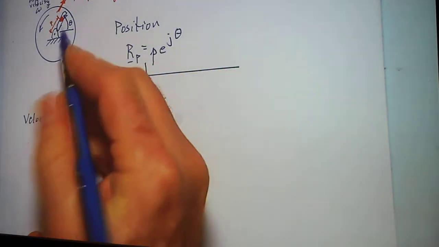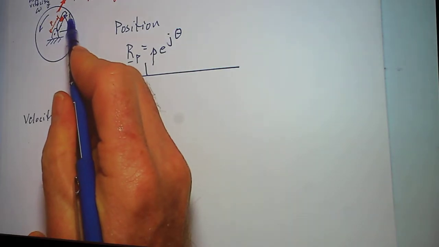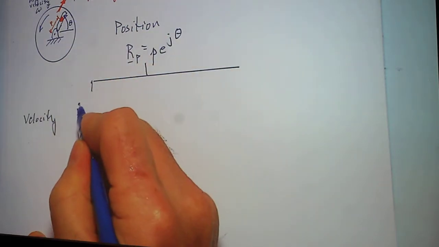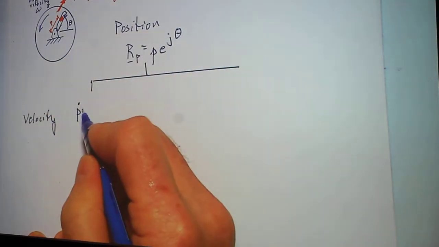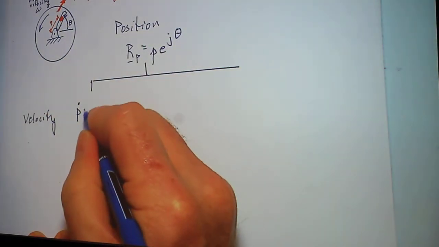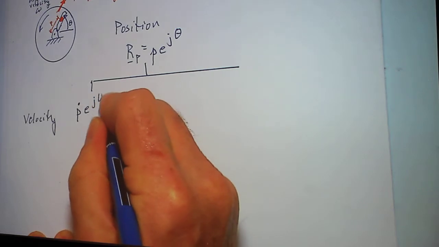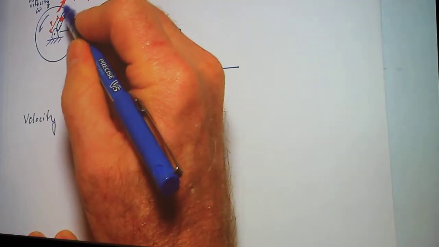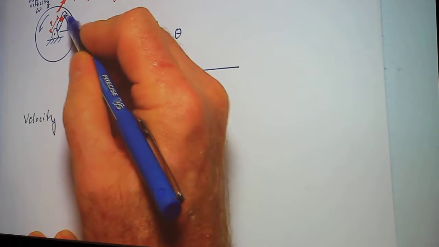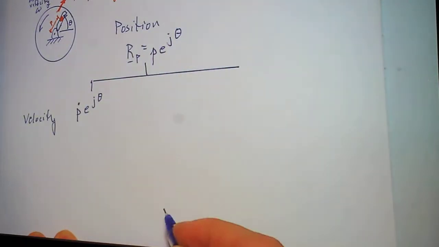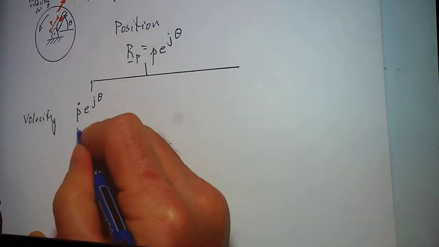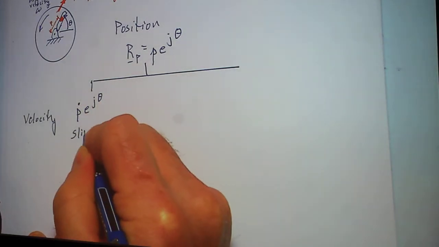If this thing is allowed to slide, there's actually a slip velocity. Most of the time it's fixed, but now it's allowed to slide, so it's P dot times e to the j theta. You can see why that is, because this red vector here is at angle theta, and the positive value is moving away from the center. So this right here is called the slip velocity.